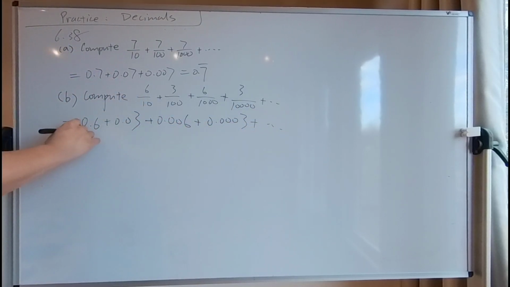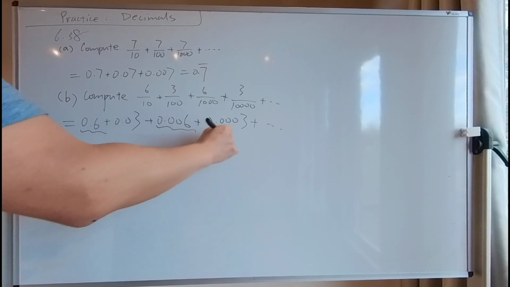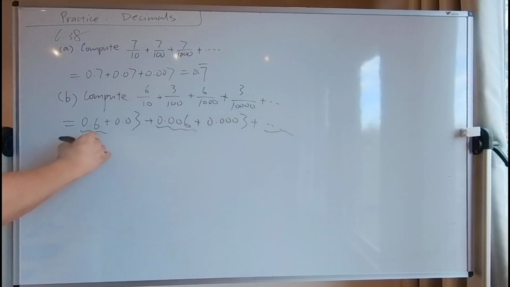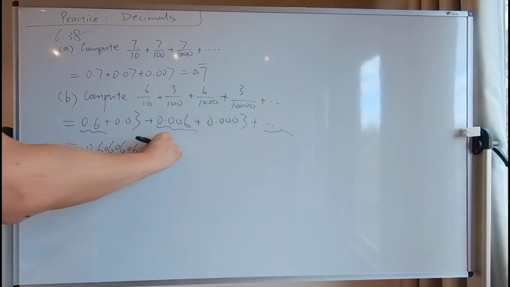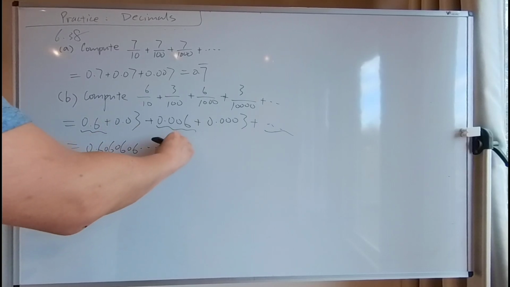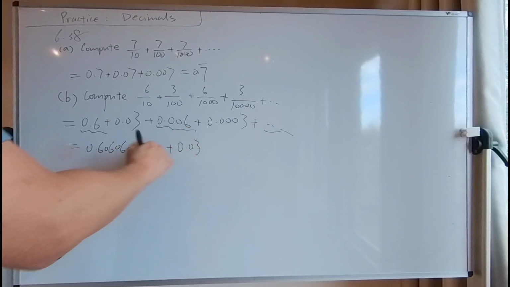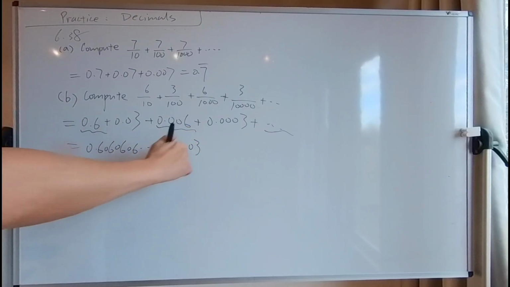If I write all the 6s together, imagine there are small digits. I will have 0.6, 06, and 06, keep going, right? There's a 0 in between because the 6s are not continuous. It's every second term. Similarly, the 3 is also every second term. So the first term is 0.03.